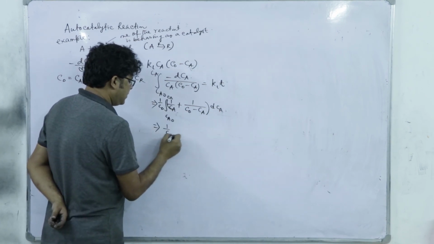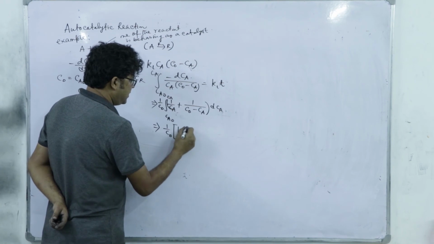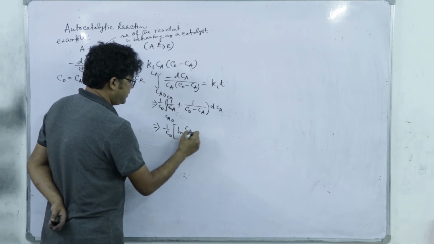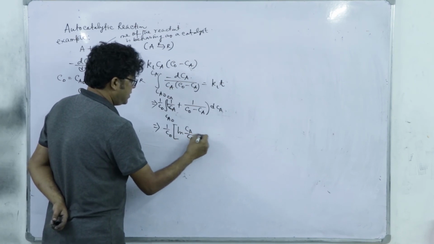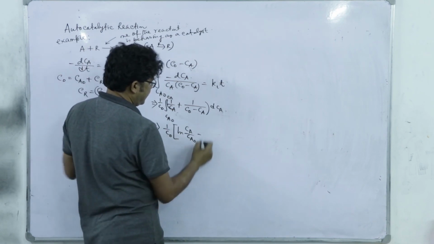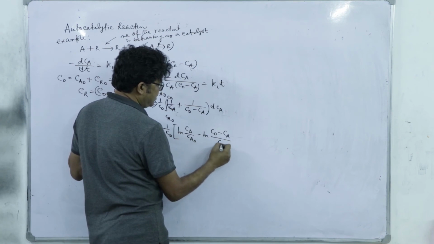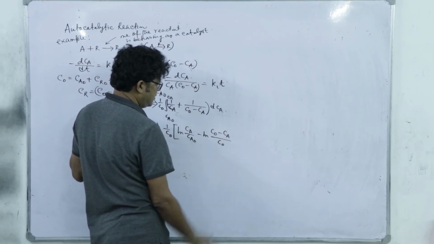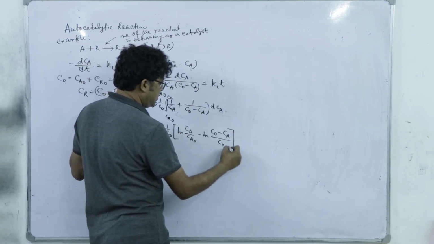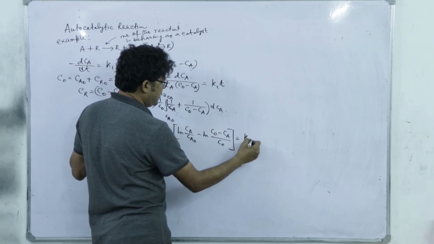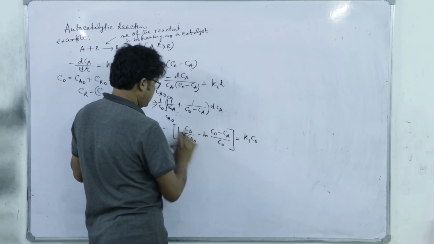So 1 by C naught ln of Ca by Ca naught minus ln of C naught minus Ca by C naught, right? This is equal to K1 into C naught into T.